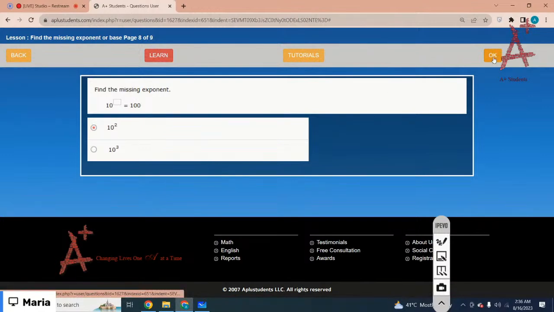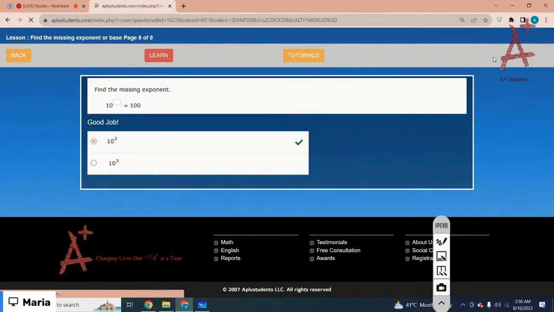Option number 1 is the correct option. Okay, find the missing exponent.